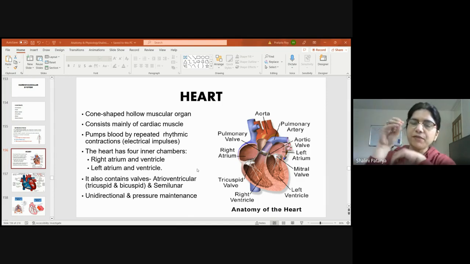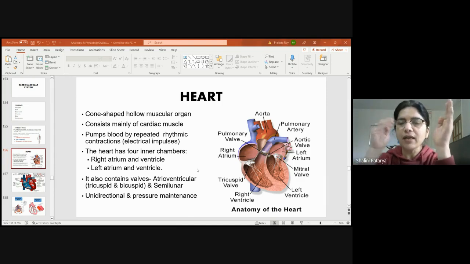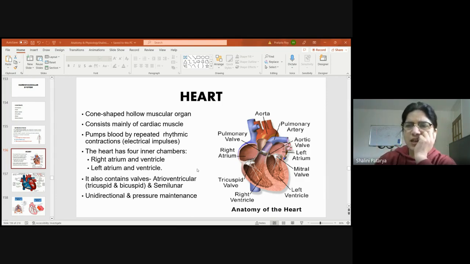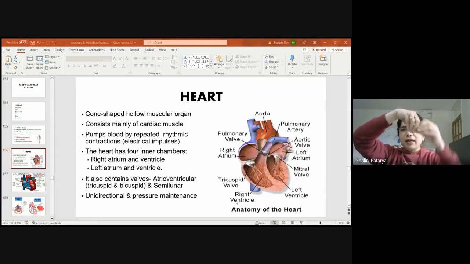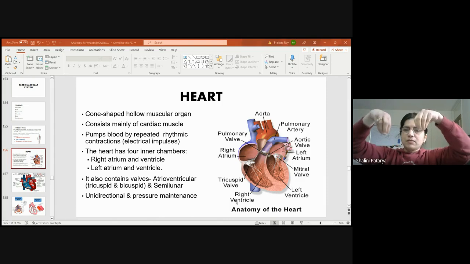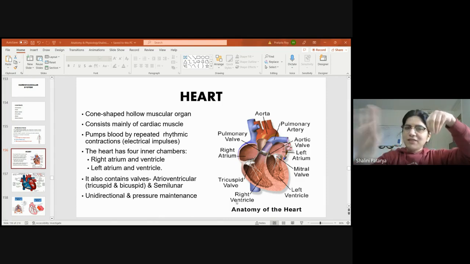Now there are different valves. On the left side you have three valves, and on the right side, two valves. This is the left side, this is the right side.